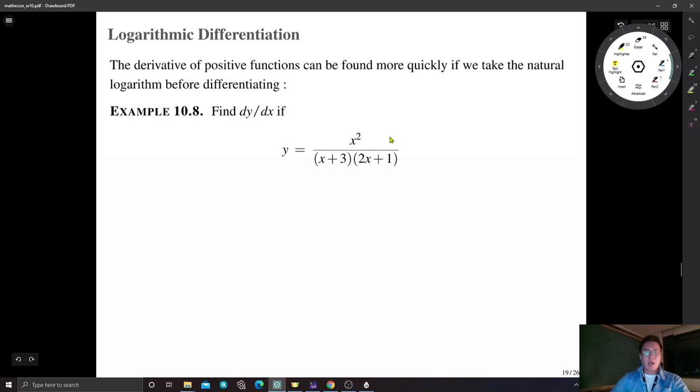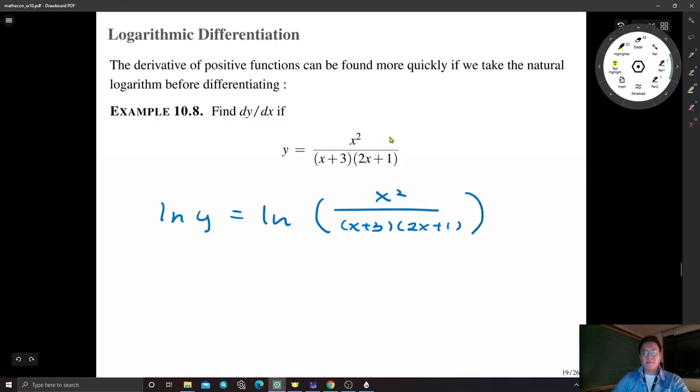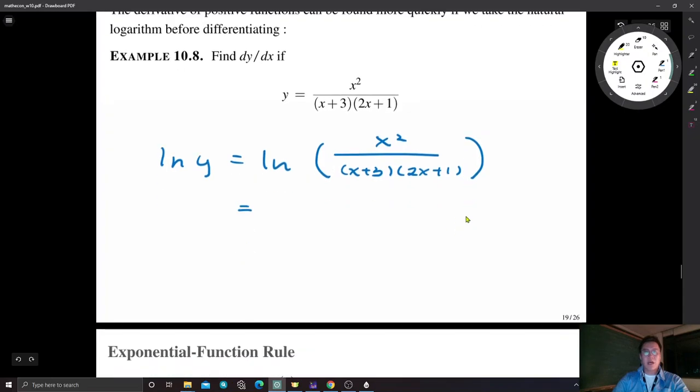So let me take the natural logarithm of both sides. So ln y equals ln of x squared over x plus 3 times 2x plus 1. Then using the properties of the natural logarithm, I can rewrite the right-hand side. First, division becomes difference.